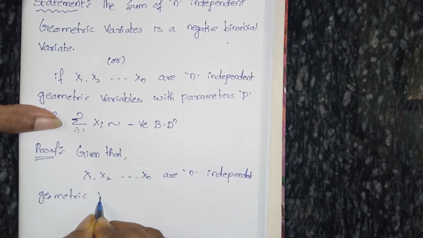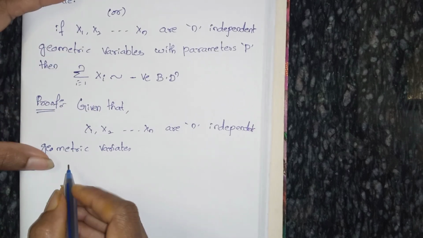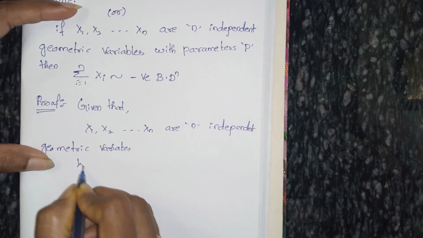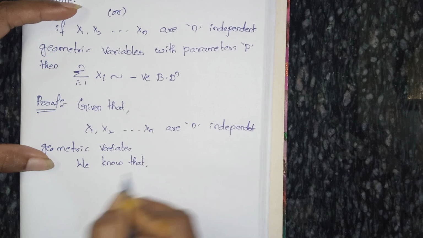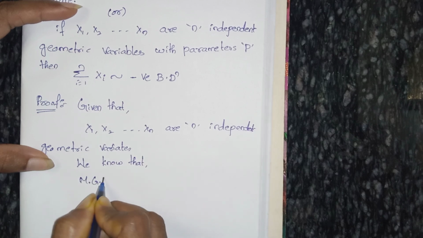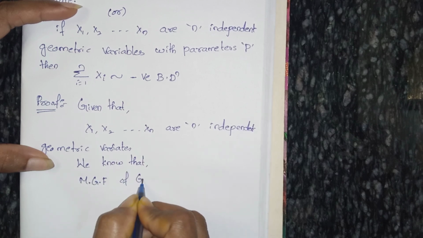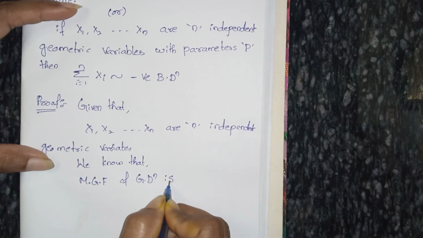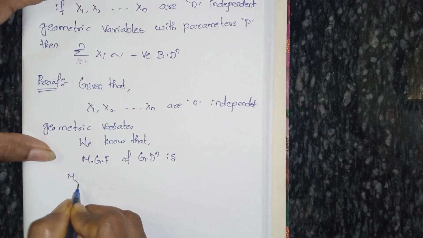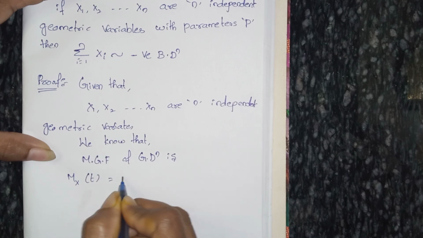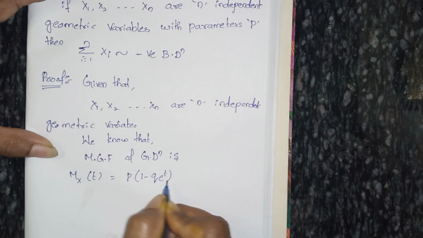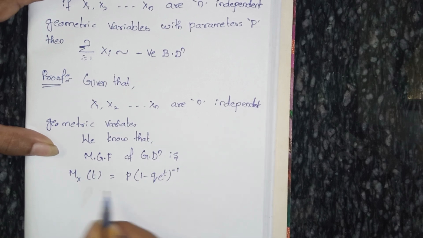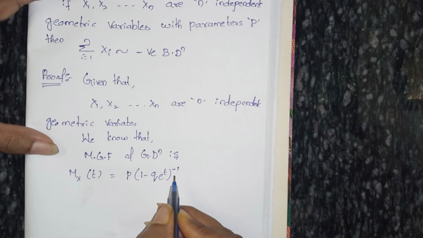So we know that the moment generating function of geometric distribution is Mx(t) equals p into (1 minus q e^t) whole power minus 1.